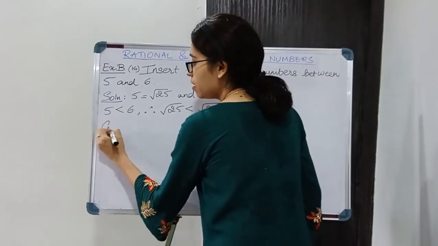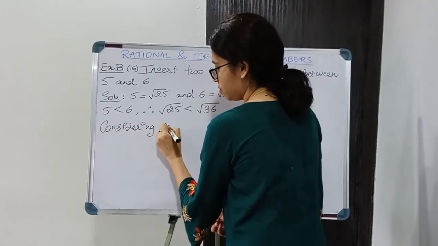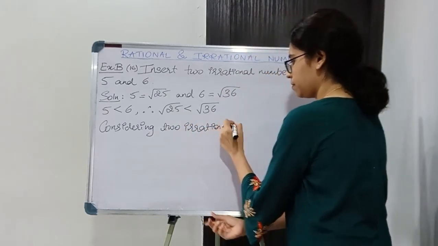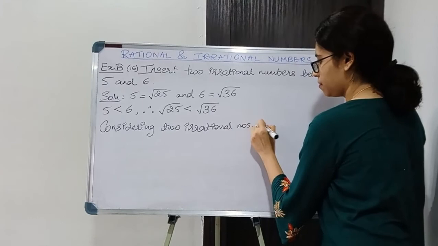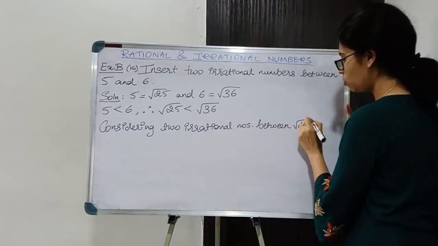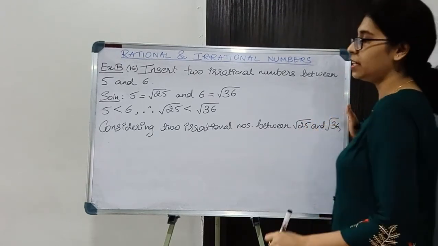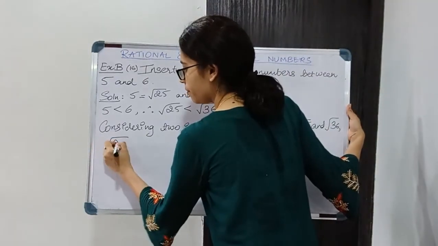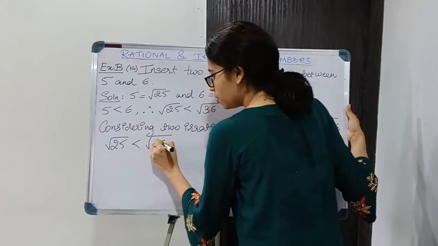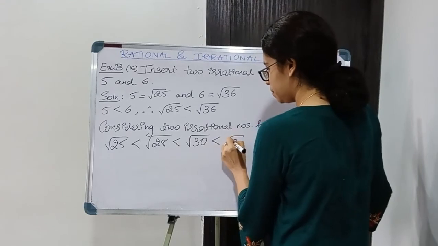So considering two irrational numbers between square root of 25 and square root of 36, I'll take, say, square root of 28 and square root of 30.